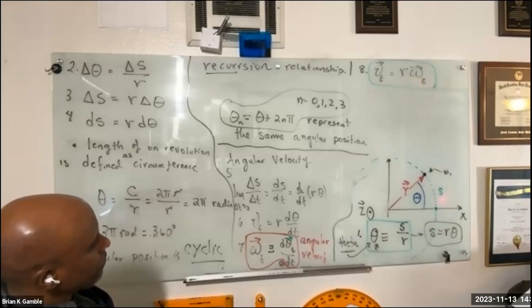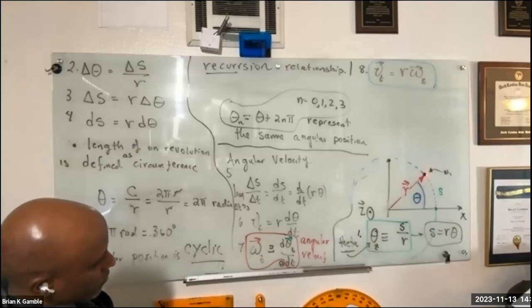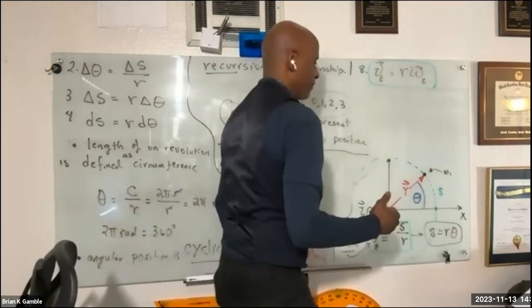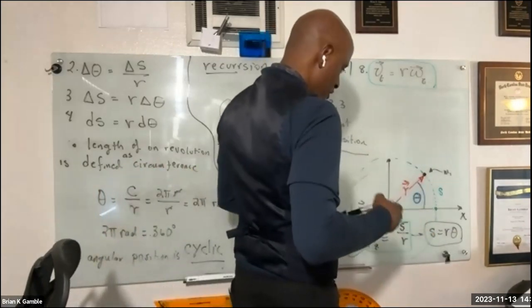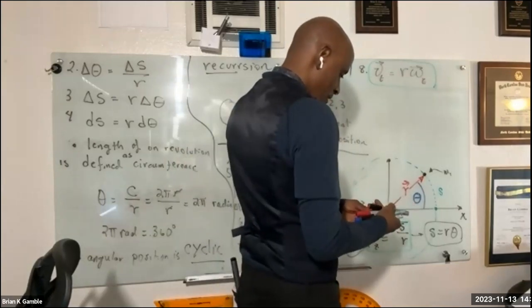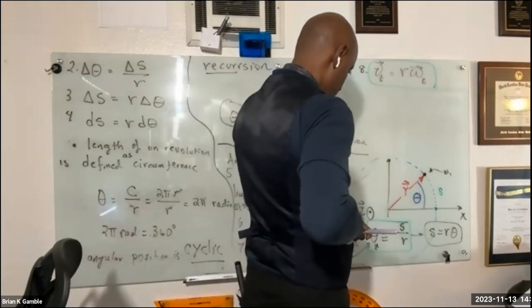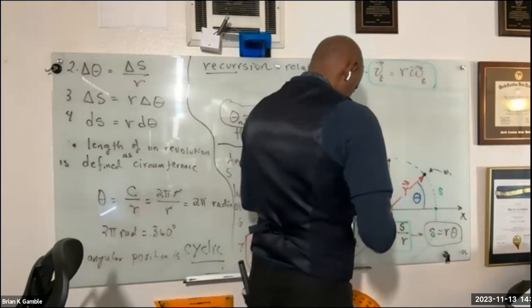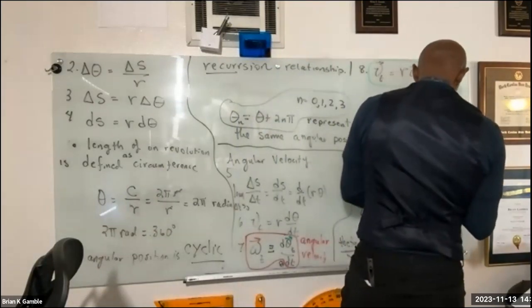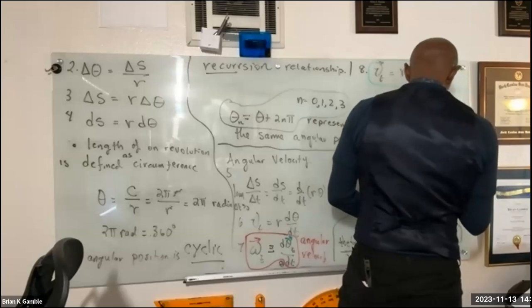Now, the velocity for something like this particular problem here: the angular velocity is defined as coming out of the board. And the tangential velocity, to reiterate, would be tangent to that path. So it would be like here, VT.